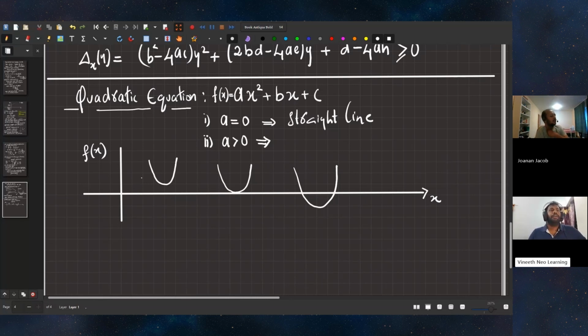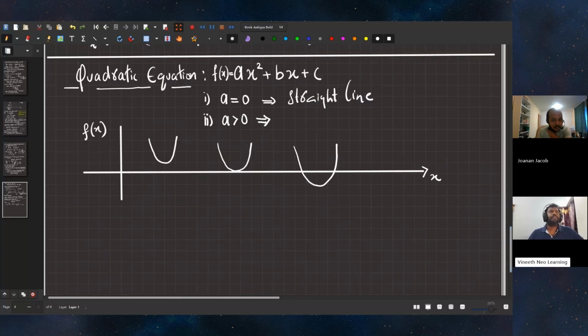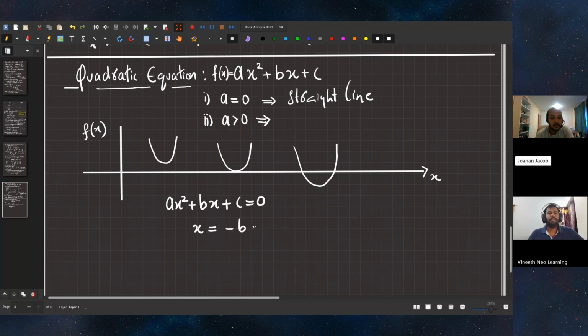What is the condition for this? When will this happen? First, let's solve this using the usual formula. What will be its solution? x equals minus b plus or minus the square root of b squared minus 4ac, divided by 2a.